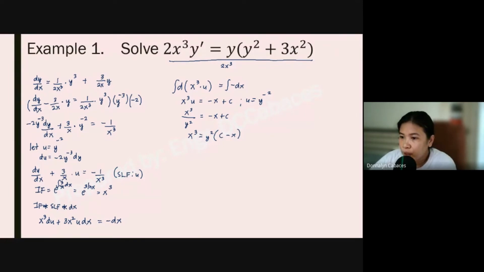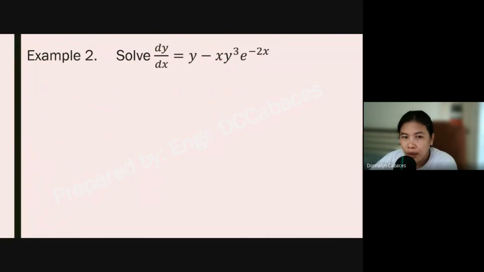Now let us go to the next example problem. Solve this differential equation: derivative of y with respect to x is equal to y minus x y cubed e to the negative 2x.